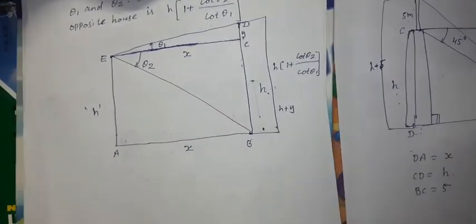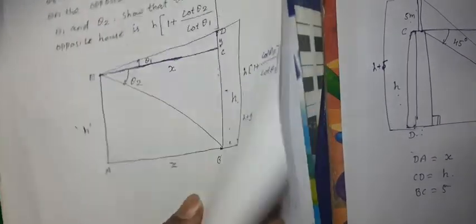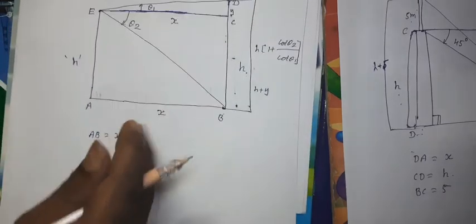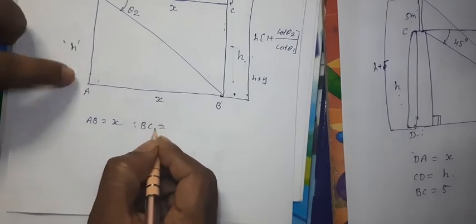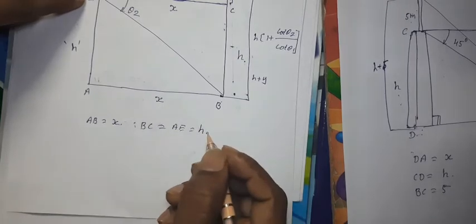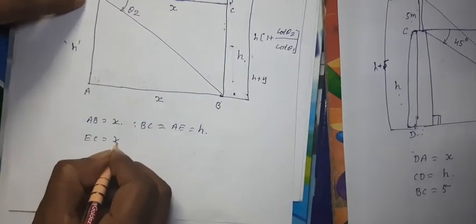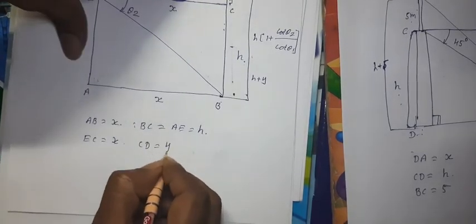Okay, first I can take theta 1. Given AB is equal to x, BC is equal to AE equal to h, EC is also x, and CD is equal to y.